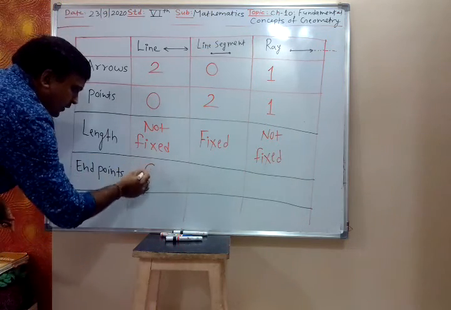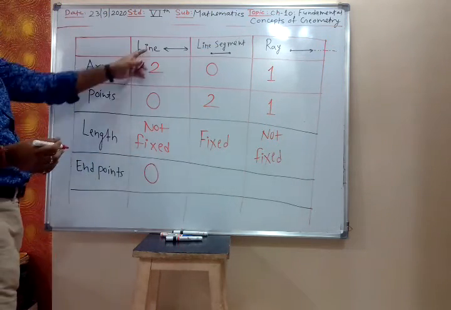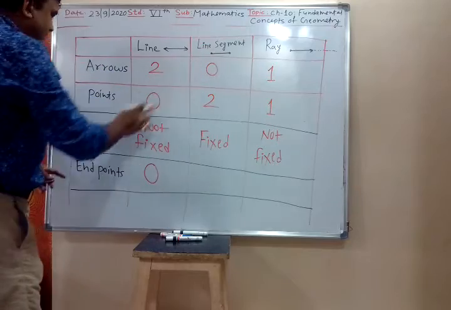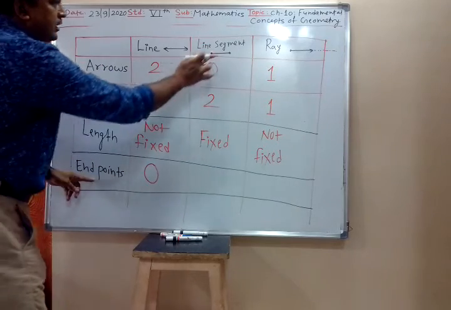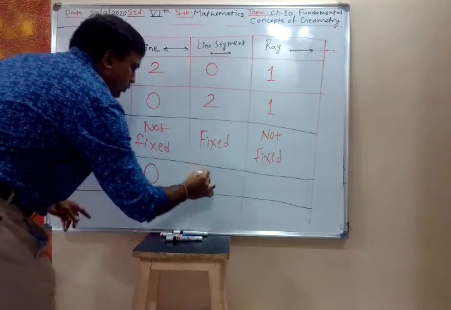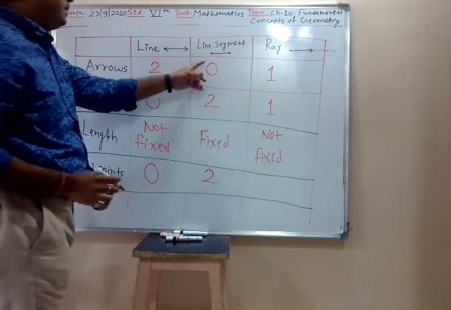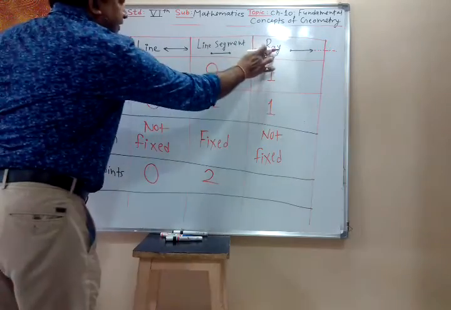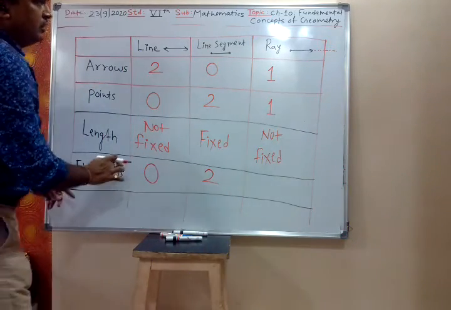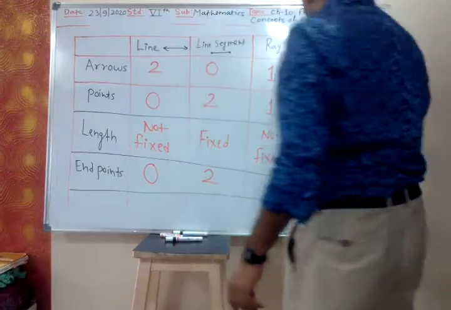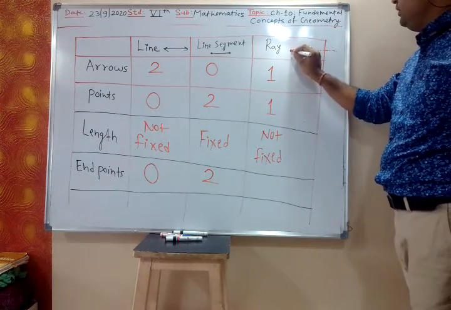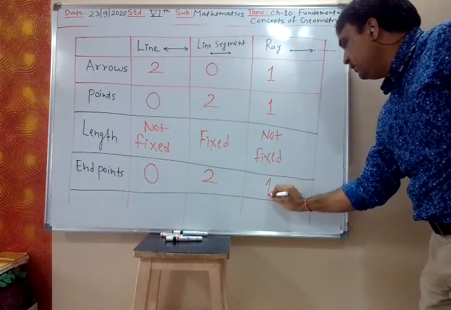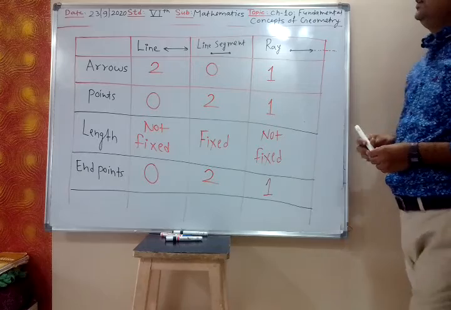We write 0 end points for line. A line segment has how many end points? 2 end points. A ray has how many end points? 1. This is my end point. So we write 1. And this is the table.